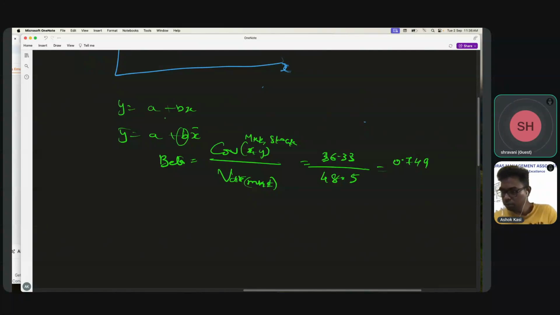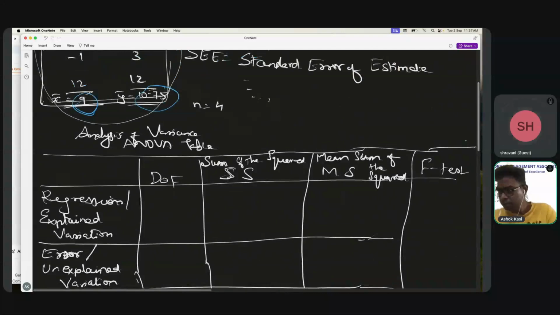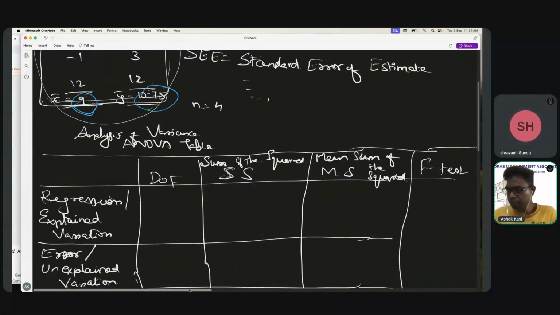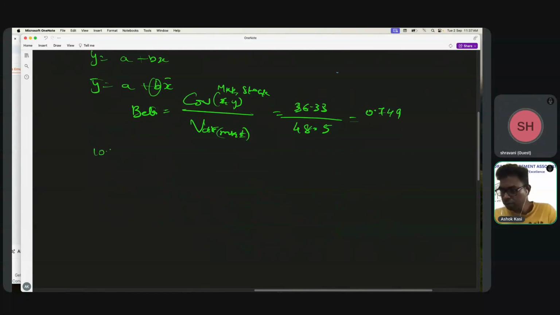Now we know beta also. We know y bar and x bar as well, so we can calculate a. Y bar is 10.75 and x bar is 9. So 10.75 is equal to a plus 0.749 into 9.